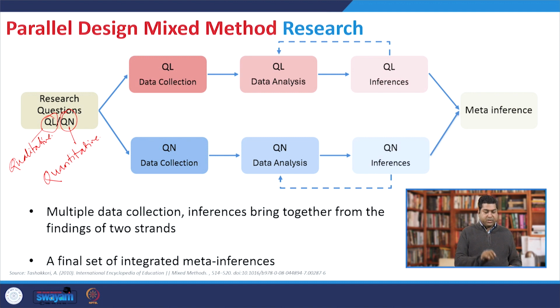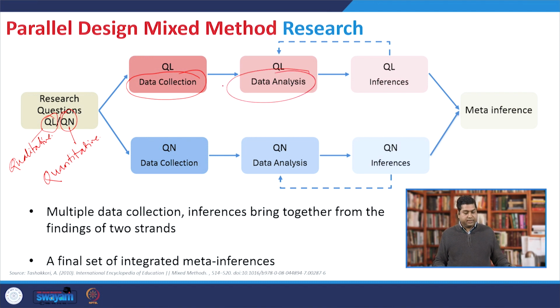Because it is parallel, for the research questions related to qualitative research, we take the appropriate data, we conduct the survey, we collect the qualitative data, and then we analyze the qualitative data separately, and from there we bring out the inferences.